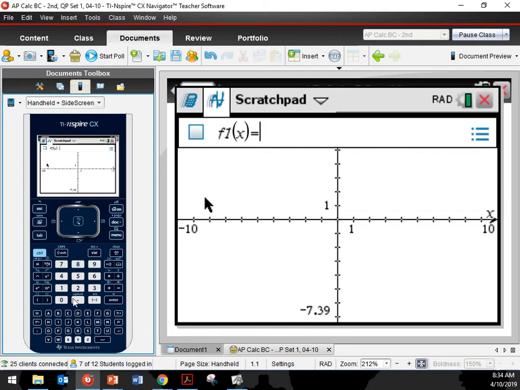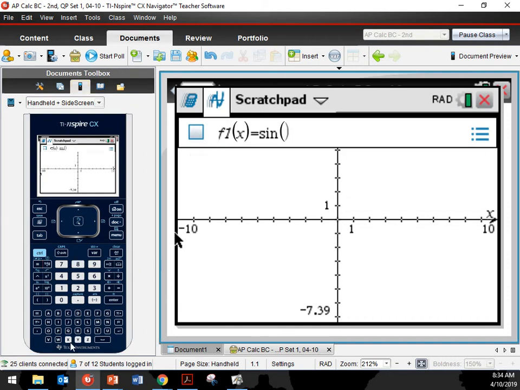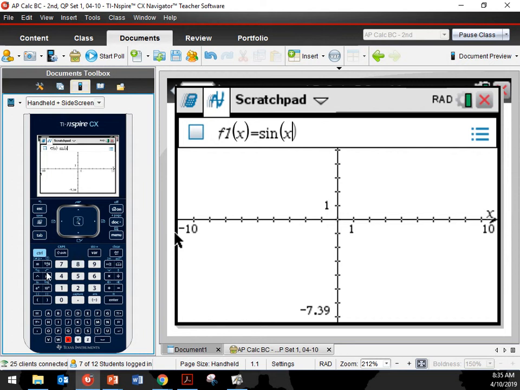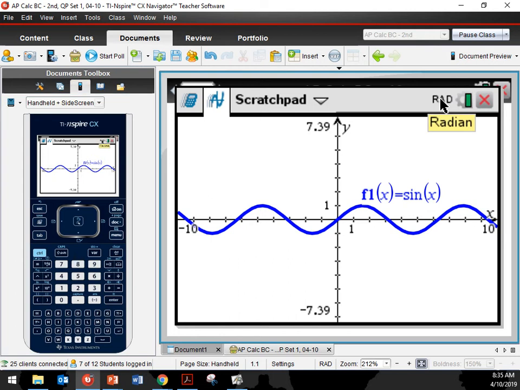I want my function sine, in this case sine of x. That's the only thing I'm dealing with. Hit enter. Now, I'm in radian.